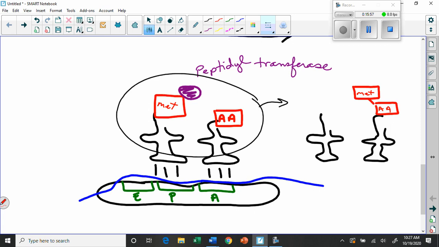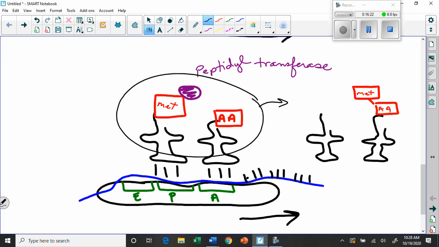Okay. And now you can see this process is going to repeat itself. The ribosome is moving along the RNA molecule. Remember, the ribosome is moving in this direction. And each time it moves a little bit, a new transfer RNA can come into this position right here. There's another codon waiting. All these codons are waiting to be lined up.